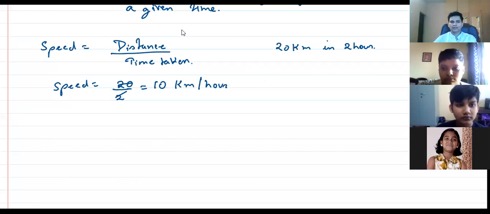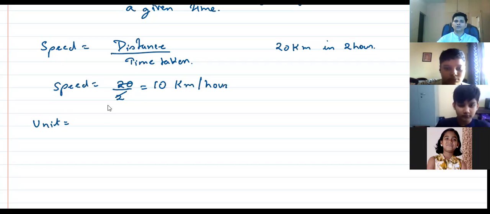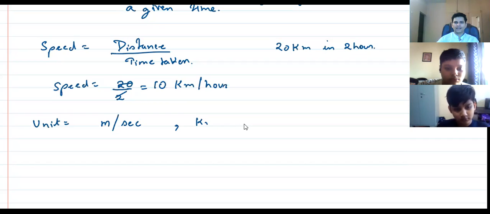So if speed is equal to distance by time, then we should have a unit depending on distance and time. If distance is in meters and time is in seconds, we have meter per second. If distance is in kilometers and time is in hours, we have kilometer per hour.